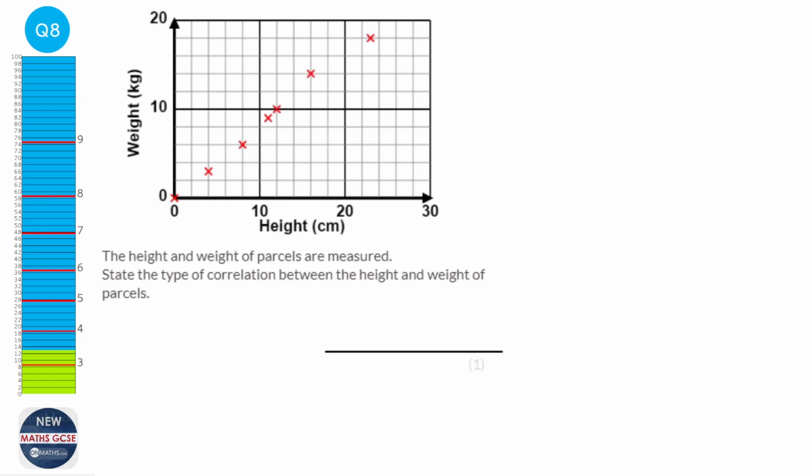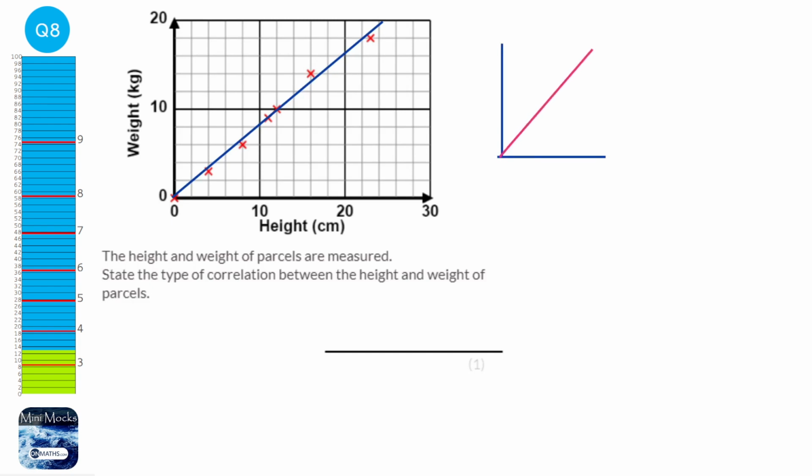So we can quickly draw a line of best fit for here, and it looks something like that. And if our line of best fit is increasing like we have here, then we say the data is positive. If, however, the line of best fit is decreasing and looks like this, we say that it's negative correlation.